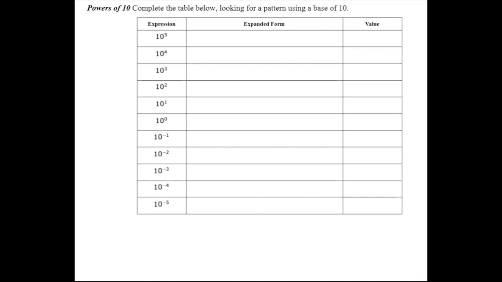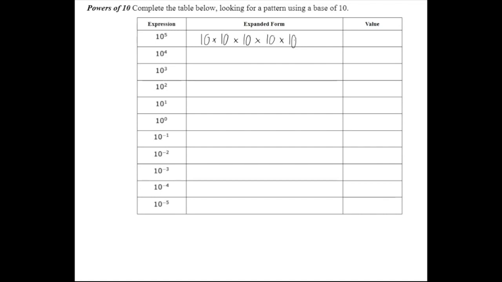For 10 raised to the fifth power, we multiply 10 by itself 5 times, giving us 10 times 10 times 10 times 10 times 10. The value of this is: 10 times 10 is 100. 100 times 10 is 1,000. 1,000 times 10 is 10,000.